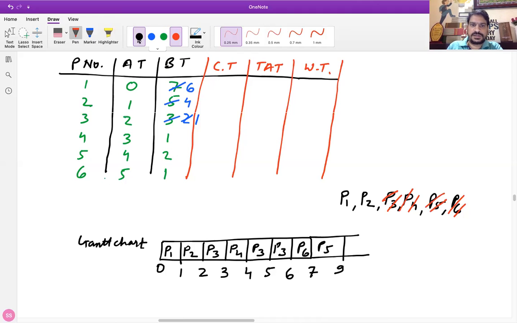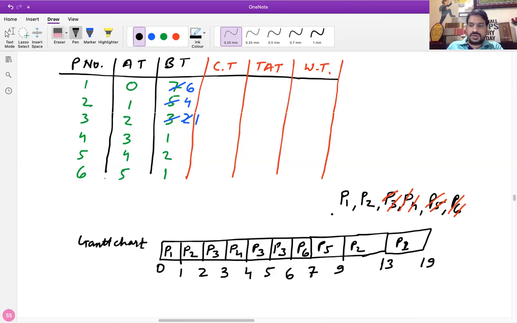Now P1 and P2: P2 is the least one. It will execute 4, meaning up to 13. And after that, P1 will come, and P1 will execute another 6 burst time, meaning it will complete at 19.